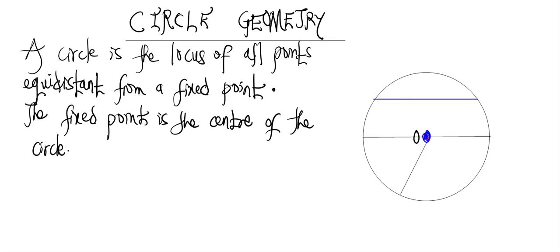So we have what is called a chord. Here is the center of the circle. From the center to the circumference, that's called the radius. A line that passes through the center and touches 2 points on the circumference, that's called the diameter.